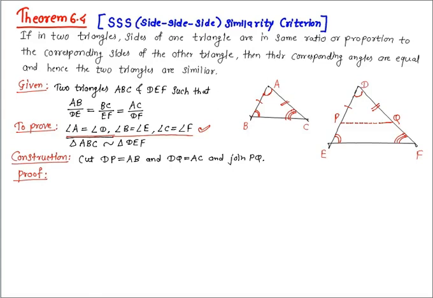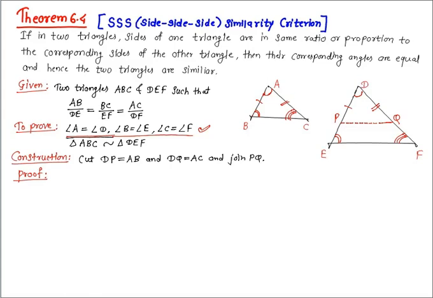So if somehow we prove the third side, that is BC of triangle ABC is equal to PQ of triangle DPQ, then we can say triangle ABC is congruent to triangle DPQ, right? And hence by CPCT, corresponding angles will also be equal.